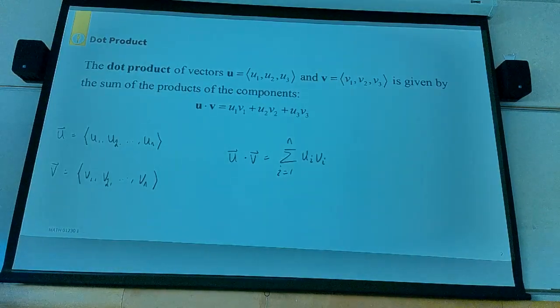It's a scalar, isn't it? The dot product is also sometimes called the scalar product, because it results in a scalar.